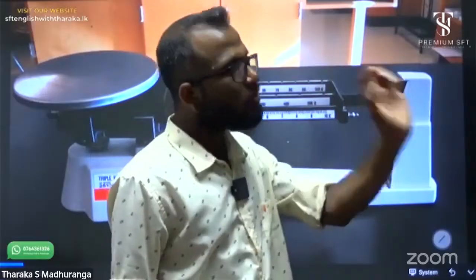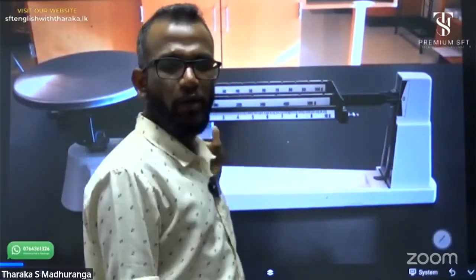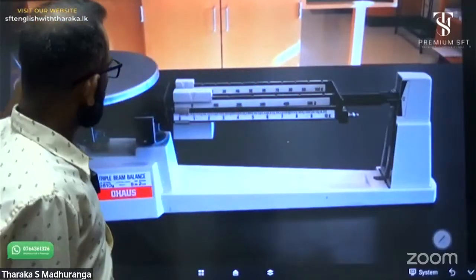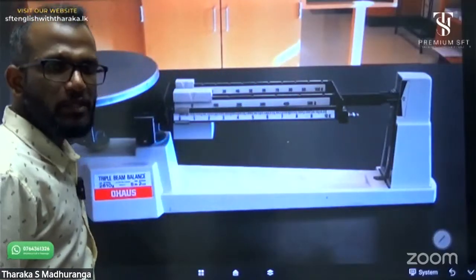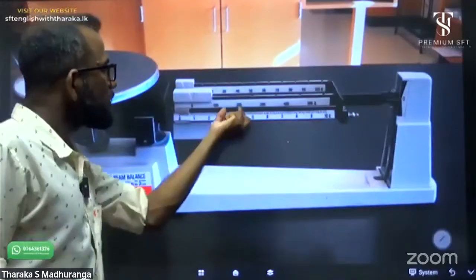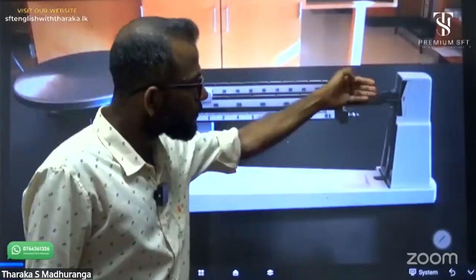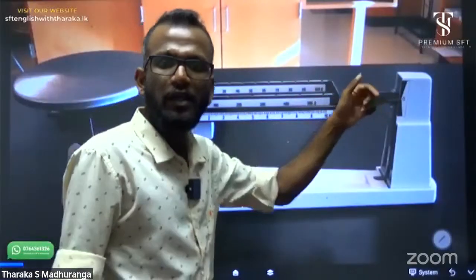But if it does not coincide, with the pointer moving up or down when the pan is clean and all riders are at zero position, it has a zero error.